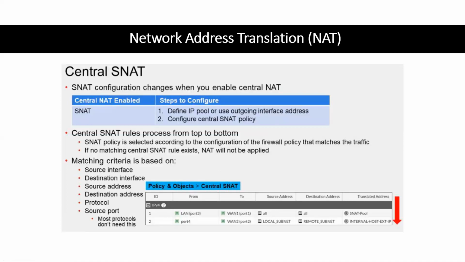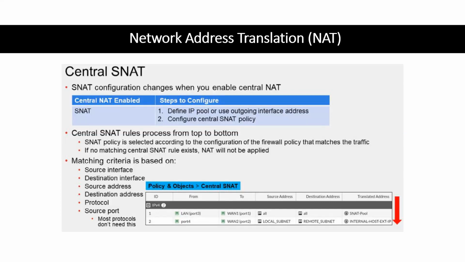We're going to jump into the lab in a little bit, but I want to give you some of these prerequisites. For source NAT, here are a couple of configuration changes. Central NAT is configured in the Central SNAT option. When you configure that policy and the interfaces, you need to say that if the criteria of the traffic matches everything I defined, then react to it.